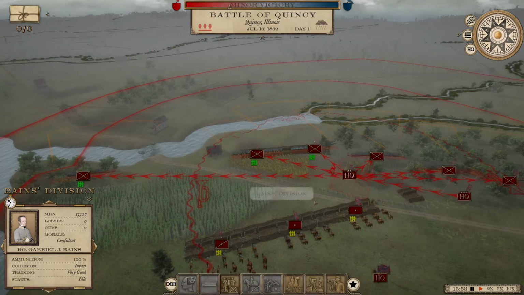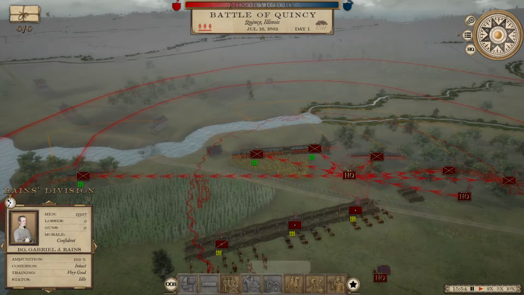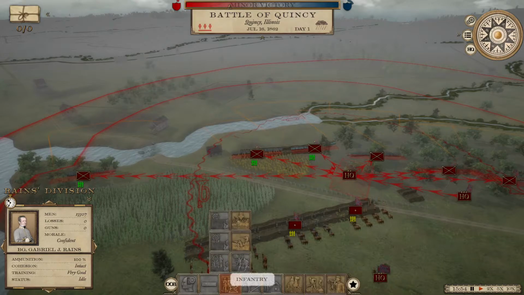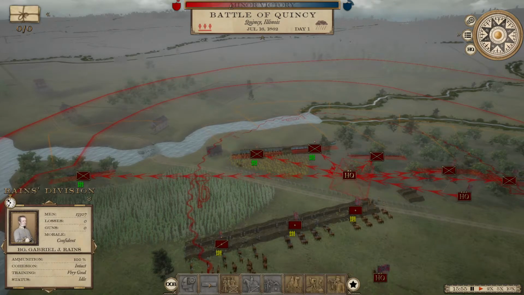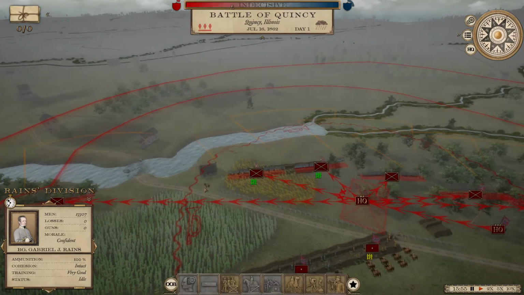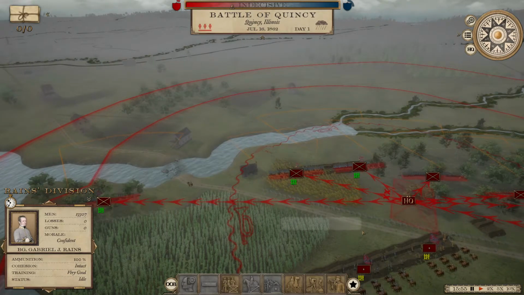All right, we'll see what happens there. So that is one thing you can do at the divisional level. I think because that order is being transmitted, this is currently grayed out. We cannot change the formation. And again, those are the sprites that are carrying orders, I guess, to their destination.